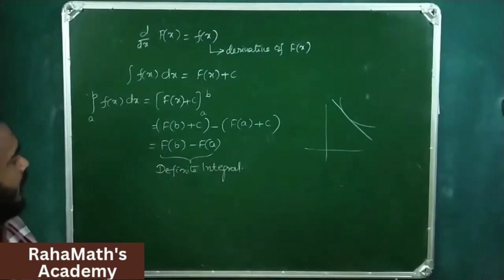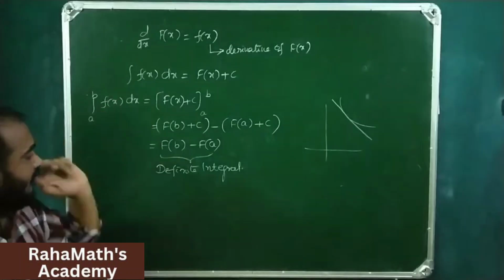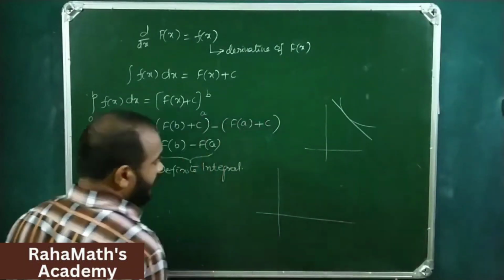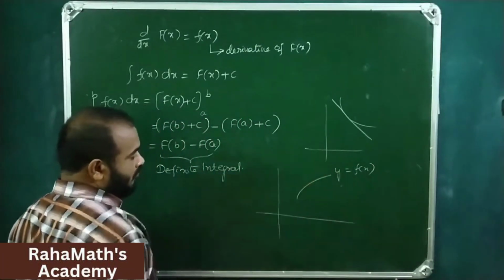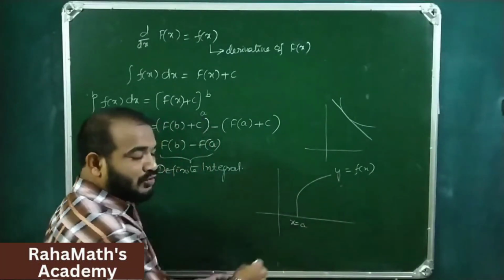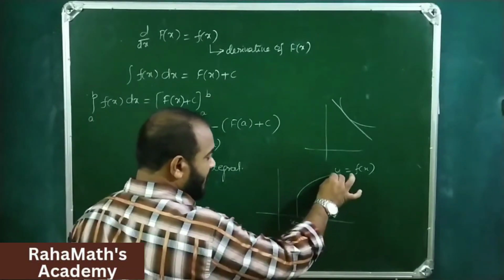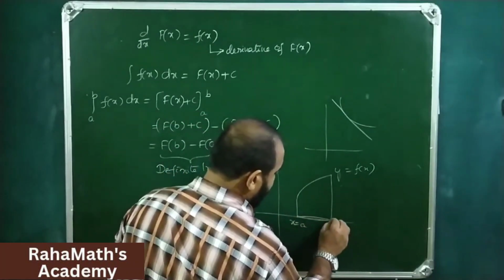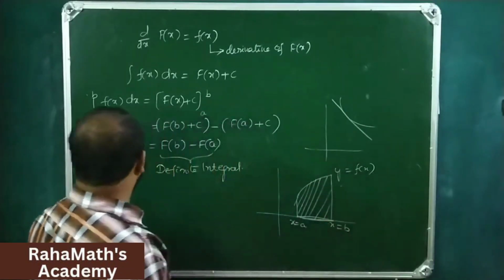So let us discuss the geometrical interpretation of integral a to b f of x dx. It is nothing but the area of the region. If y equals f of x is a continuous curve, and x equals a and x equals b are lines parallel to the y axis, that is, vertical lines, and this is the x axis, then this is nothing but integral a to b f of x dx.